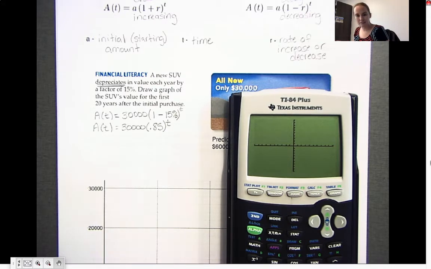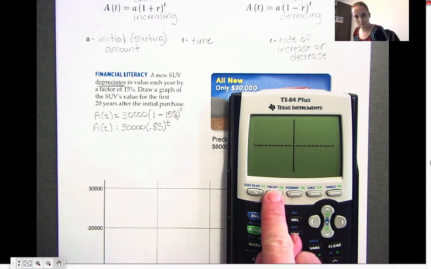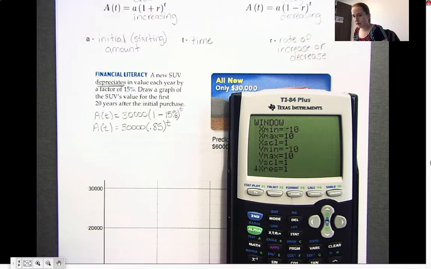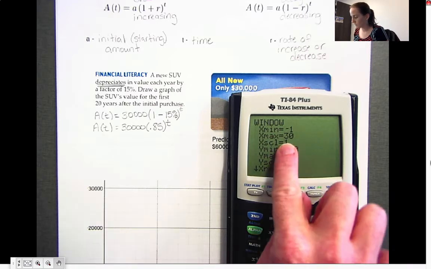Well, that's on my x-axis, and I need it to go to at least 20. So I'm going to go to Window, and I want to change this. I don't care about negative values of time, but I'm going to leave it at -1 just so I can see a little bit past. And my x max, I'm going to just go out to 30 just so I can see past where I need to be. I am going to count by ones.